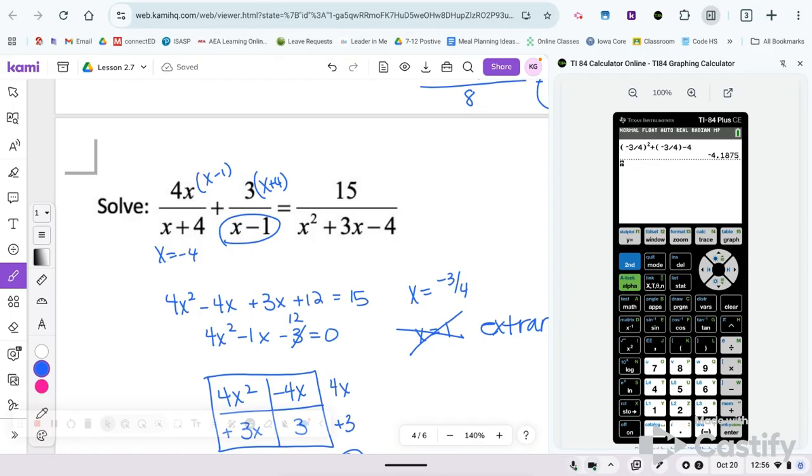Oops. And so I'm good on that one. Just wanted to check that one to make sure that it worked, and it did.